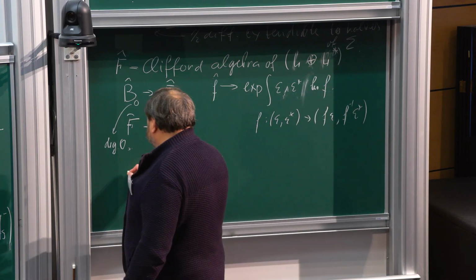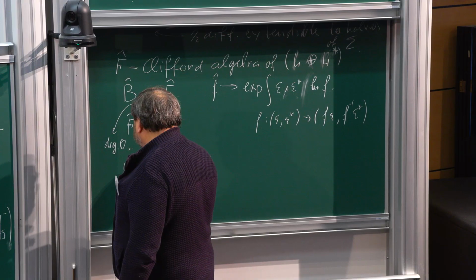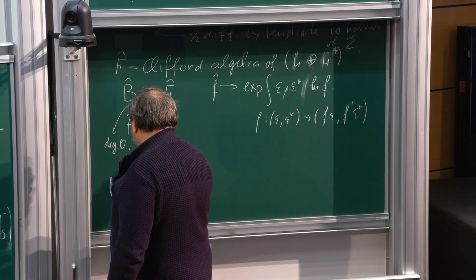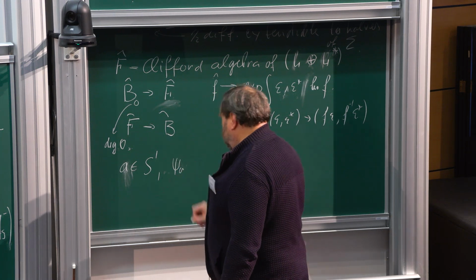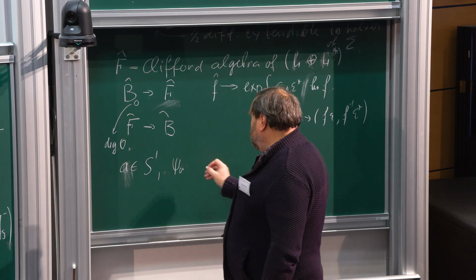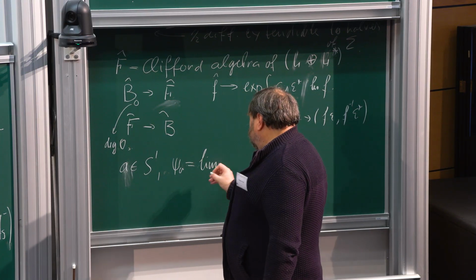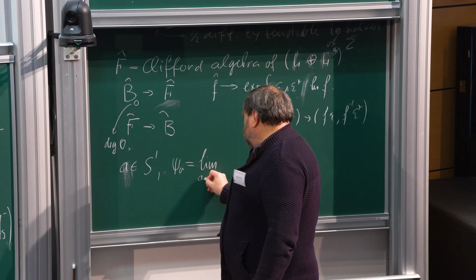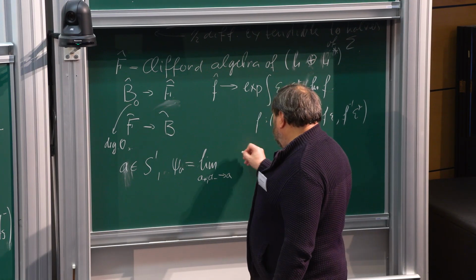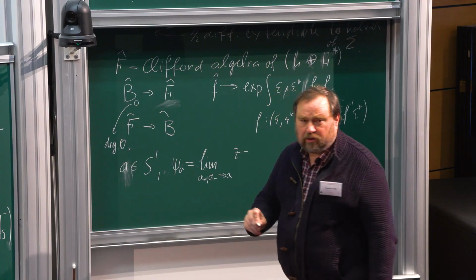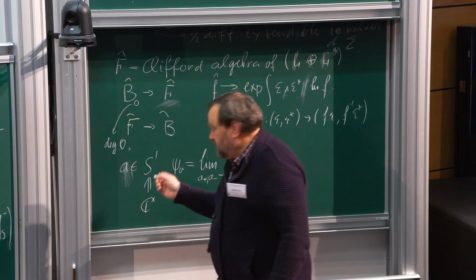Namely, let's consider the function psi a, where a is in the circle, and psi a is equal to the limit as a plus, a minus goes to a of z minus. I imagine now the circle is sitting in the complex plane, so this is just the unit circle.